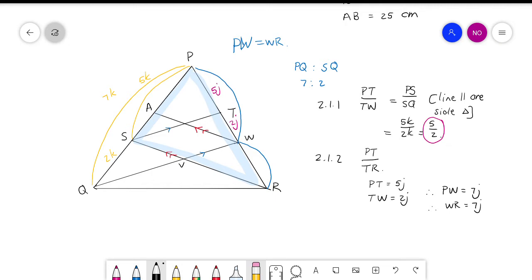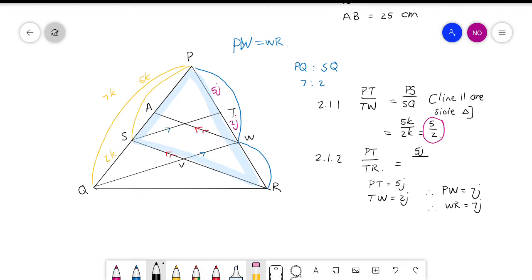And I'm still not writing down a geometric reason, want hoekom weet ons hulle twee is gelyk aan mekaar? Hulle het vir my gesê hulle is gelyk aan mekaar, né? So jy hoef nie daar 'n rede neer te skryf nie. Okay, now let's go back to this. PT in terms of J is what? Kyk op die bord, PT. Oh, 5. And TR?